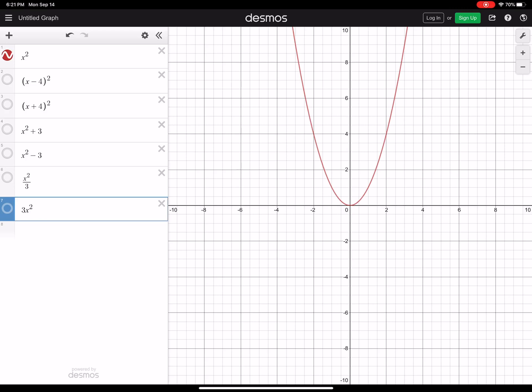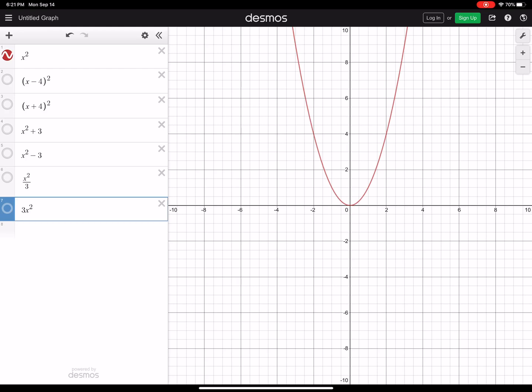It's the parabola. You see this red comes down, hits the origin, and then bounces back up, and it kind of looks like the orbit of a comet. In fact, it's pretty close to that.